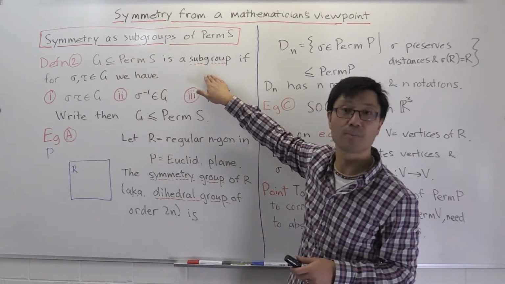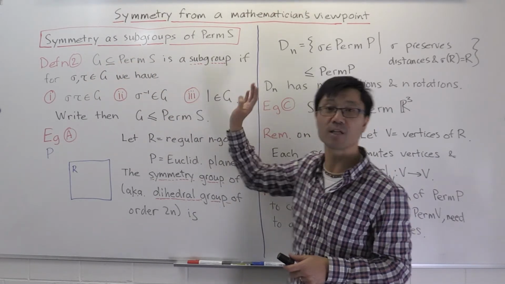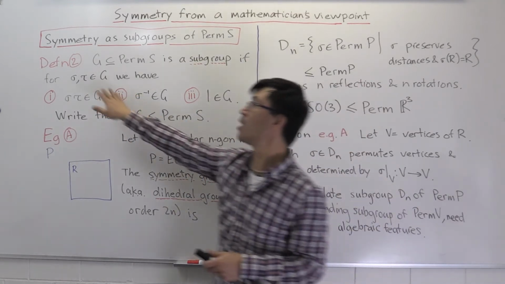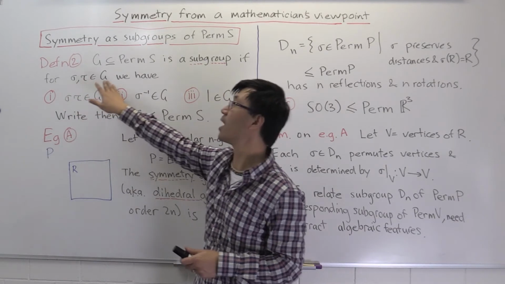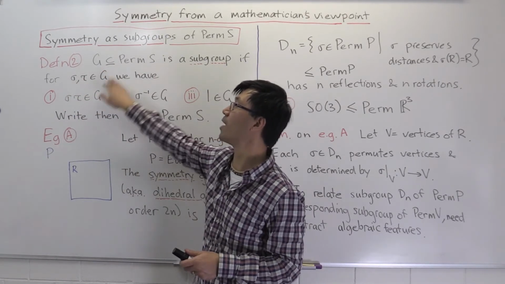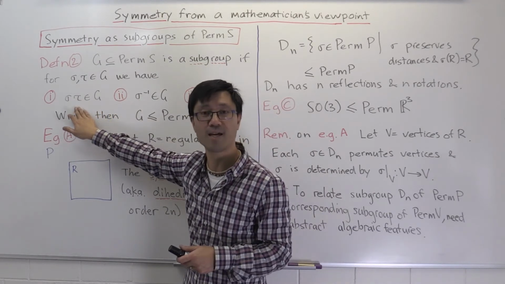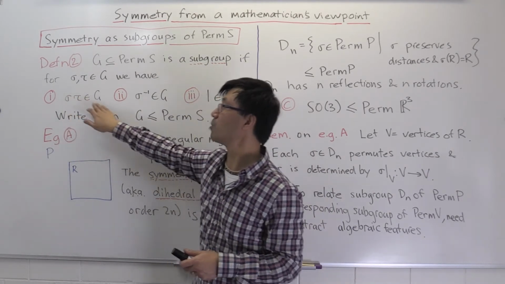We say it's going to be a subgroup if it satisfies the following three closure axioms. So what are the closure axioms? Suppose you have two elements inside this group, so two permutations of S inside G. Of course, the composite is also a permutation of S, and we want that permutation to be inside G as well.